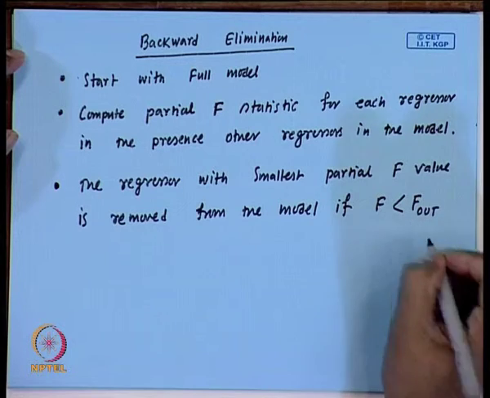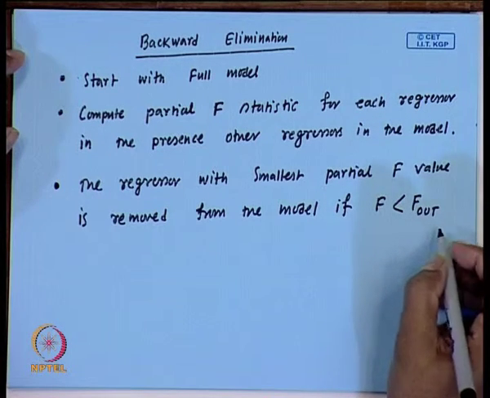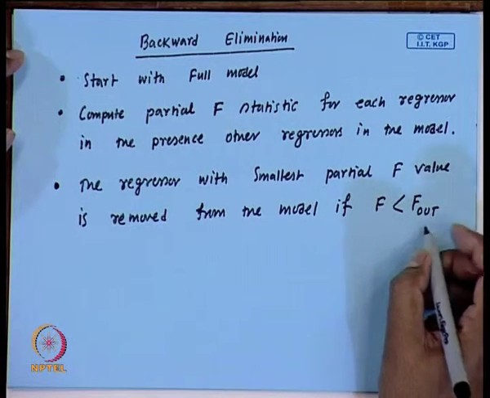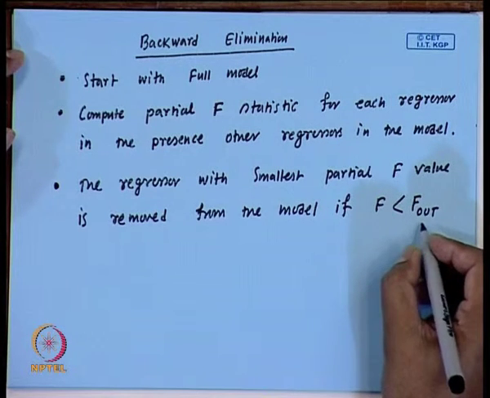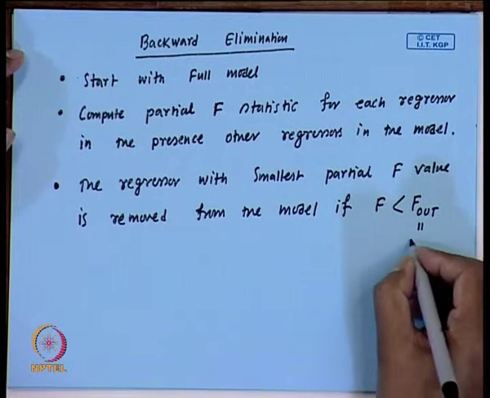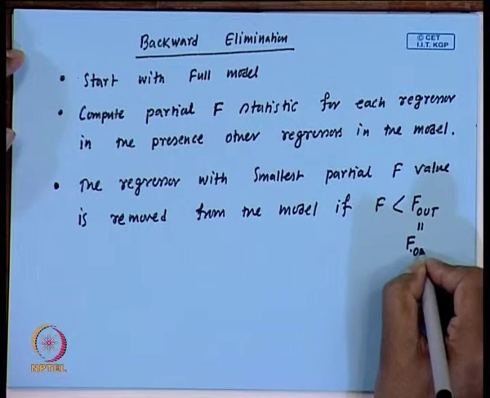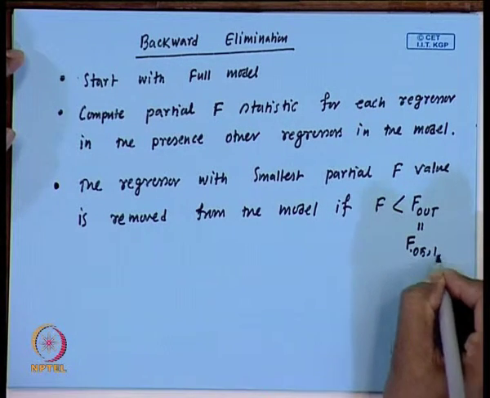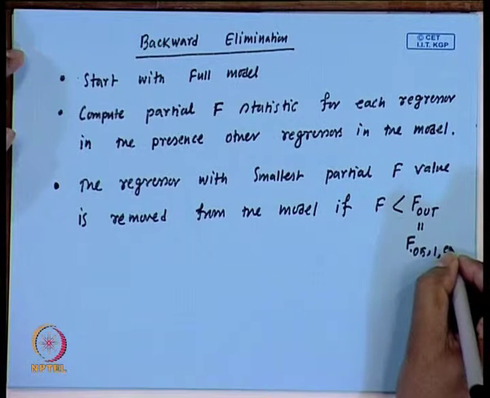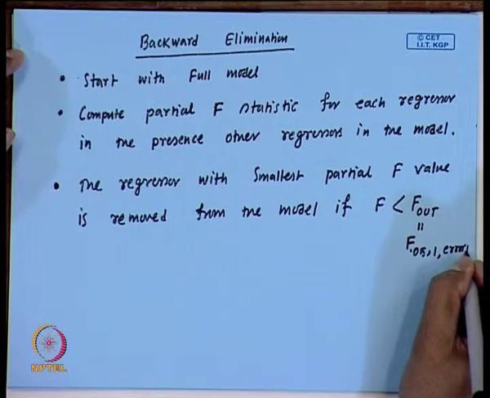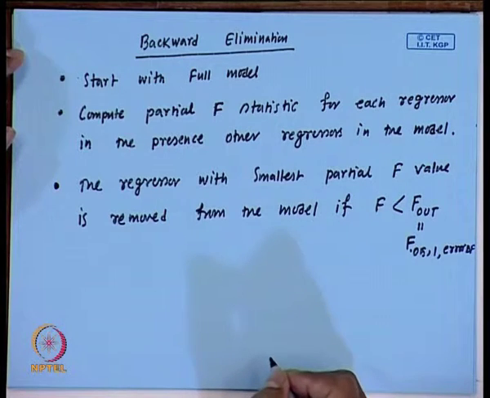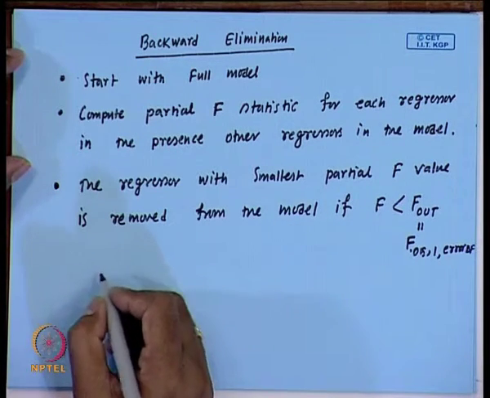Well, sometimes this f out is pre specified, or this f out is equal to the tabulated value of f 0.05, 1 and this error degree of freedom, right.